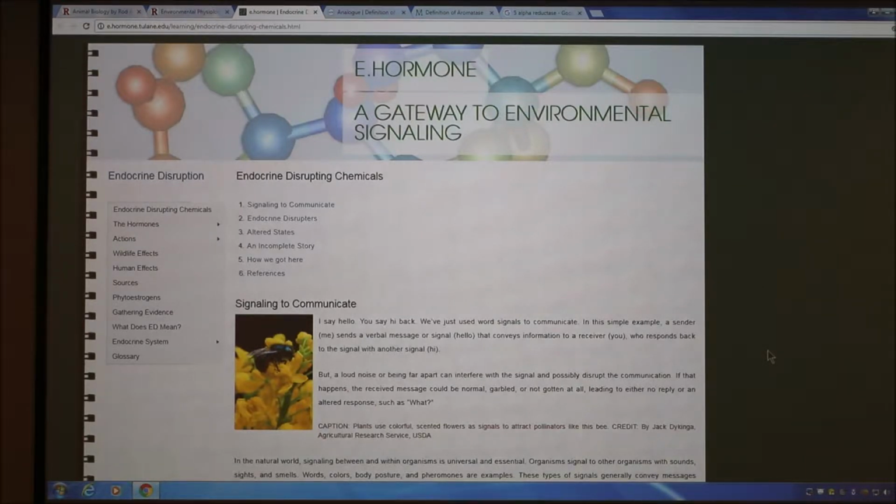But what it does inside the cell usually increases some other molecule, and that's called the second messenger in this series. The hormone is the first messenger, but then something is usually increased inside the cell, and that's called the second messenger.